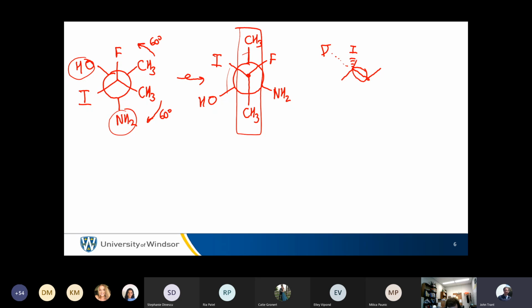And in my right hand, I'm holding a fluorine, which will probably explode. Then on the back carbon, I have an OH in my left hand. And I have an NH2 in my right hand.